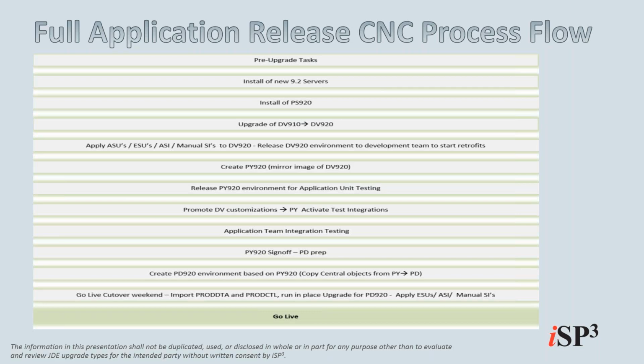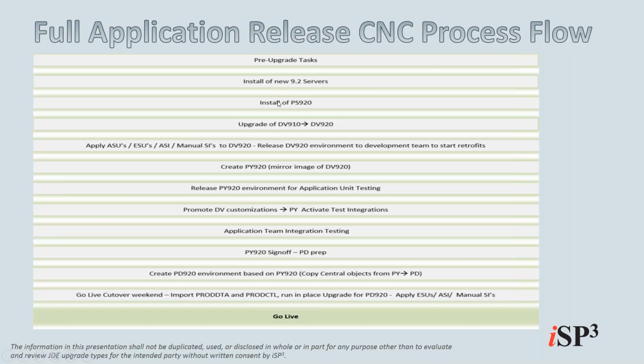So the more you plan at the very beginning, the more success you're going to have throughout that upgrade process and the end result. The next step would be to install fresh on the 9.2 server. So you install the platform pack for 9.2 on everything, get everything on there. And then it's an install of Pristine.